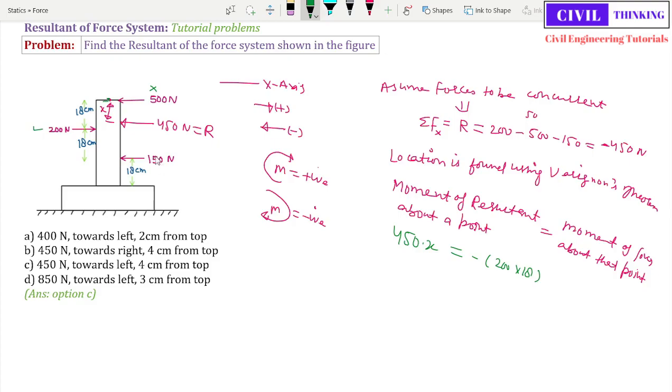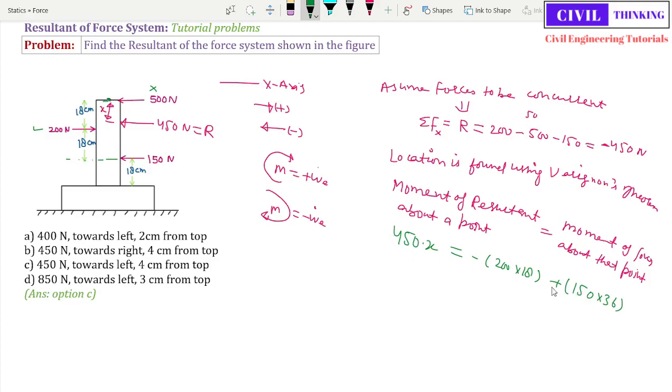Now the moment due to this, at this point it is going to be like this, which is clockwise, therefore it is positive. Now how far is 150 Newton normally from this top point? As you can see, it is 18 plus 18, it is 36, right? It is at a normal distance of 36 from the top point, so it is plus 150 multiplied by 36.